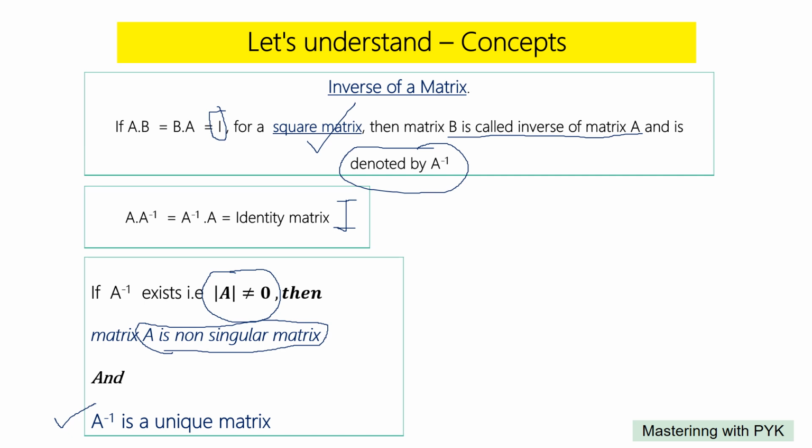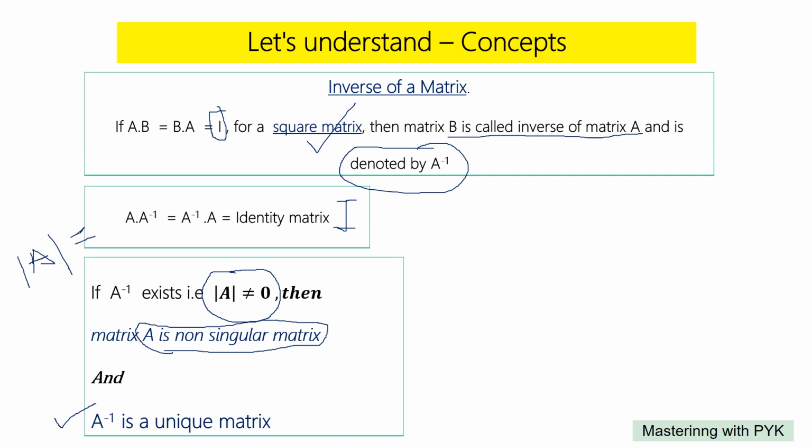So let's revise. A dot A inverse is the same as A inverse dot A, and the resultant is the identity matrix. When we say if A inverse exists, it means there is a possibility that A inverse will not exist, meaning the determinant of A will be 0.